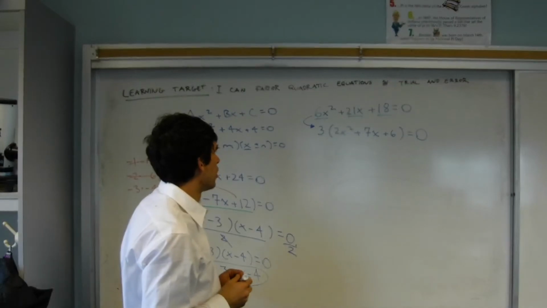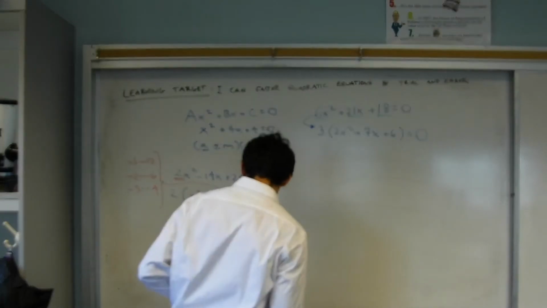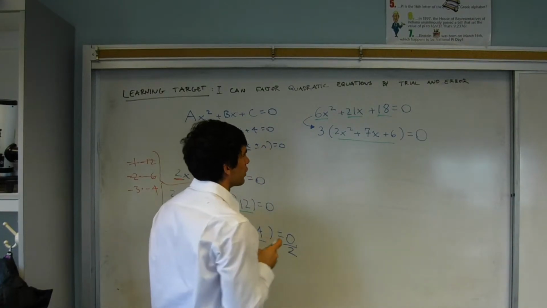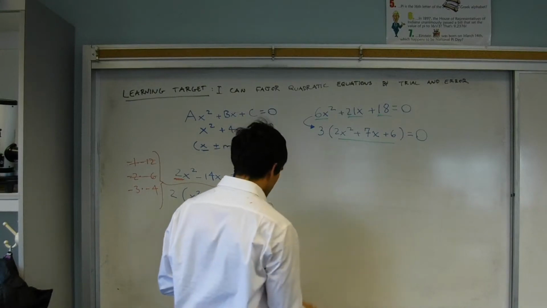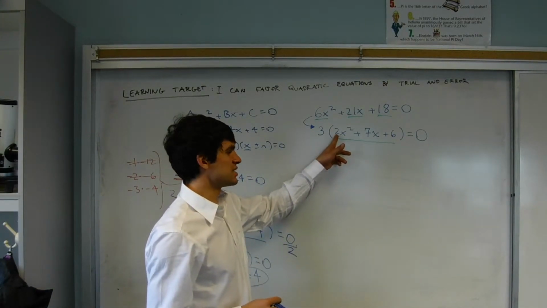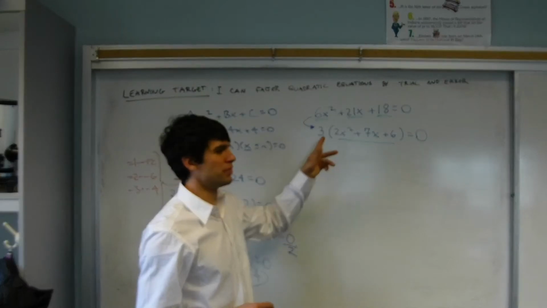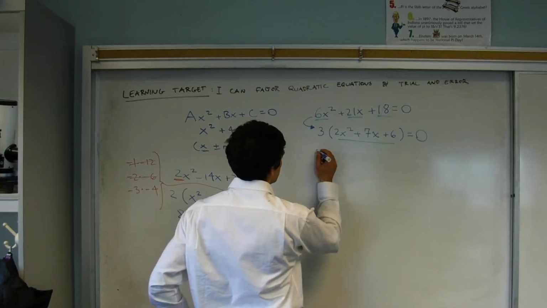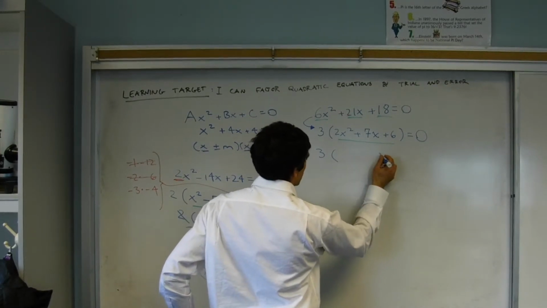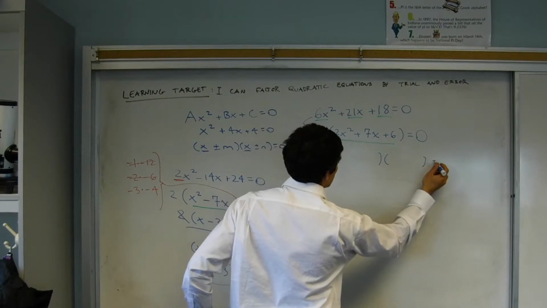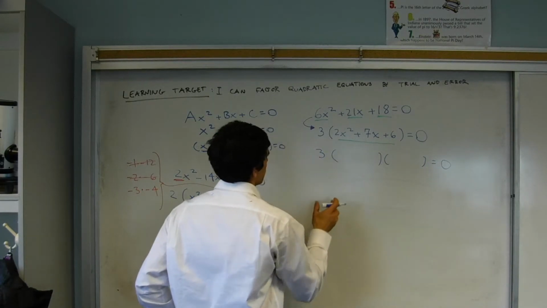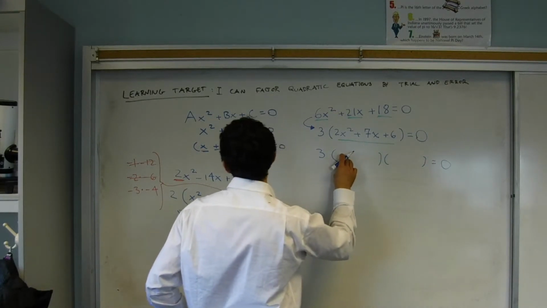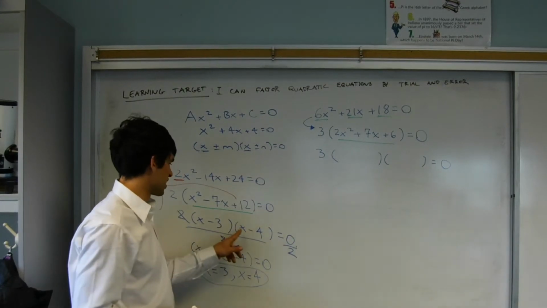So now we want to look at this again. Unfortunately, our new expression here still has a non-1 leading coefficient. So what that means is that we're going to have 3, and we're going to be multiplying it by 2 terms, but each of these expressions is not going to just have a single x like it is here.